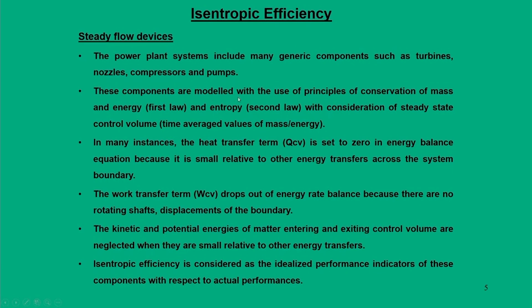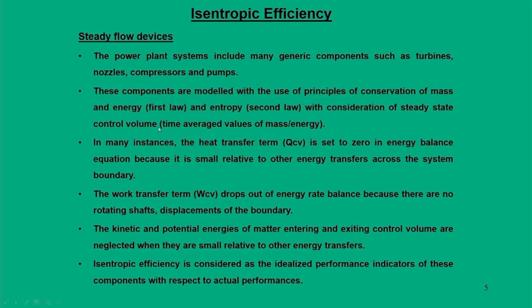These components are modeled for two situations. One is the conservation of energy by using the first law of thermodynamics. Also, we use mass balance equations, and most importantly, entropy, which is used for a steady state control volume.